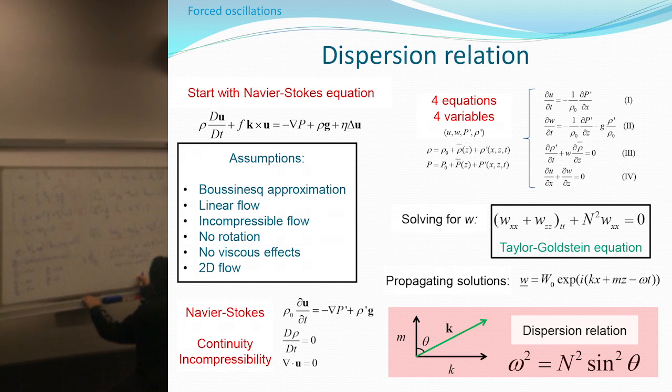And so now you can cancel all the W, and you can just express omega squared with respect to the rest. Equals.